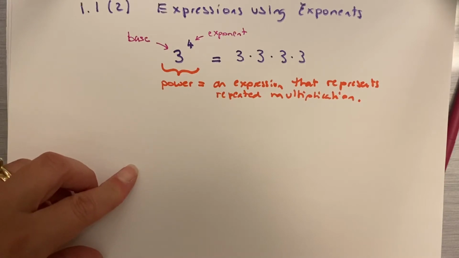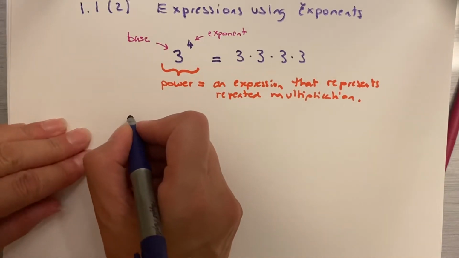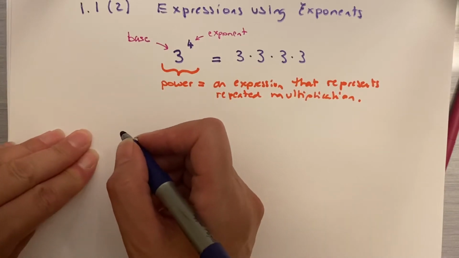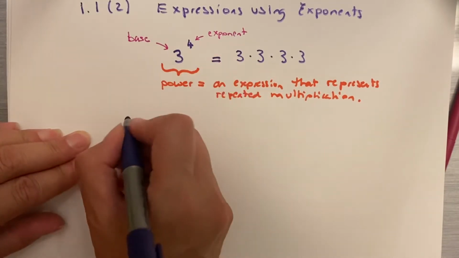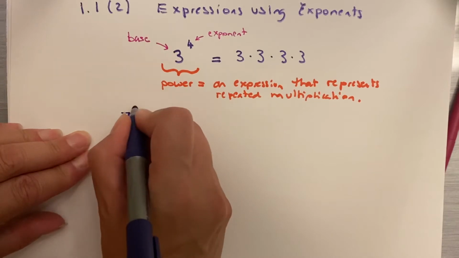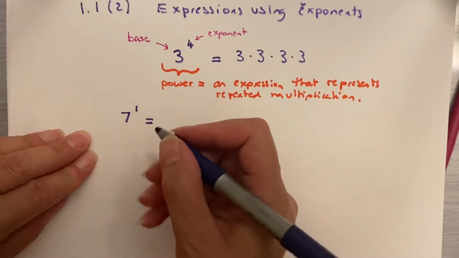So, powers we need to learn how to express properly in words. And again, this was an easy one. This is 7 to the 1st power.